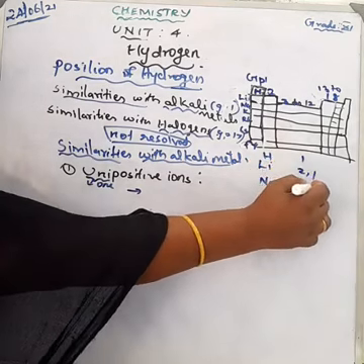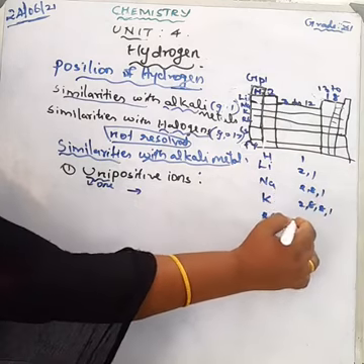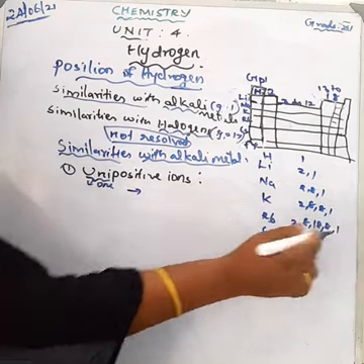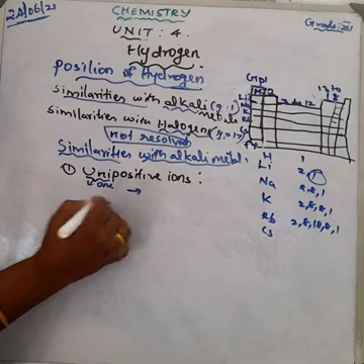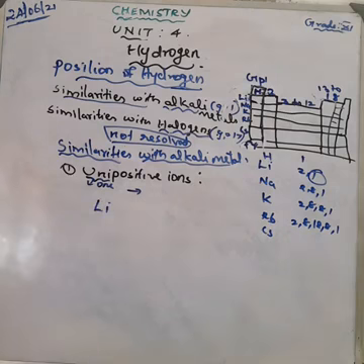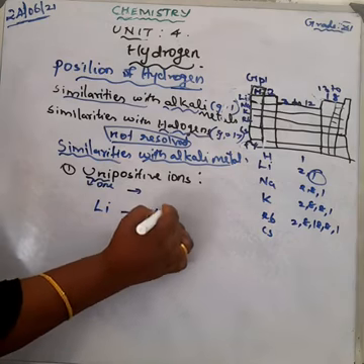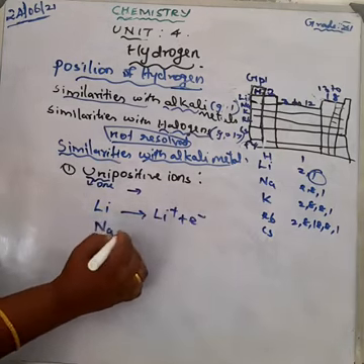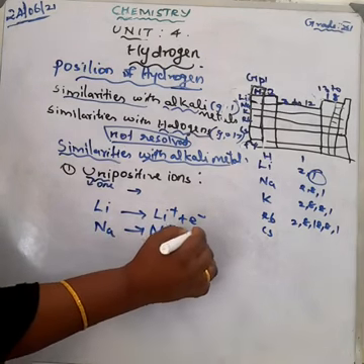When lithium loses one electron, it forms a unipositive ion. Like that sodium, only one valence electron, so it is easy to remove this one electron to form a unipositive ion.